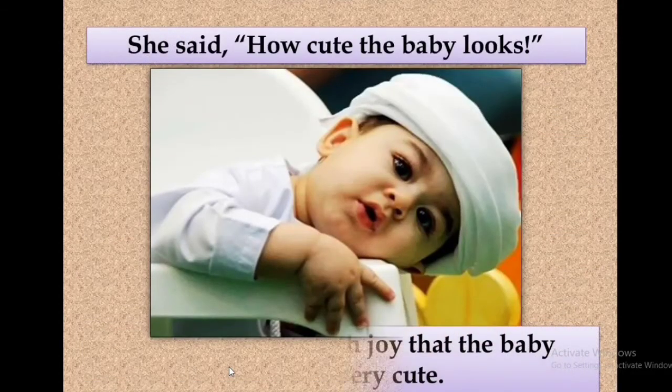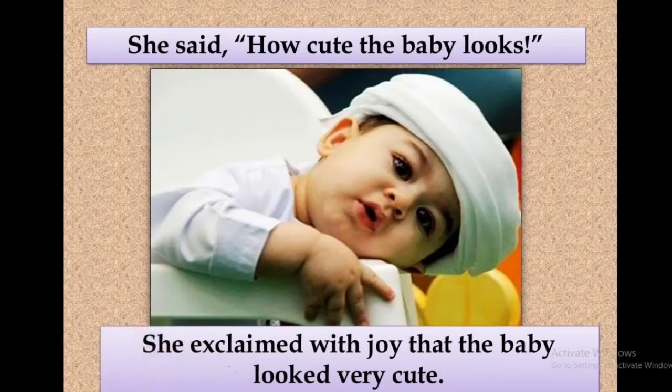Here is another example. She said, "How cute the baby looks." She exclaimed with joy that the baby looks very cute. In this sentence, the reported speech expresses joyfulness. So here we used "exclaimed with joy" instead of the reporting verb.